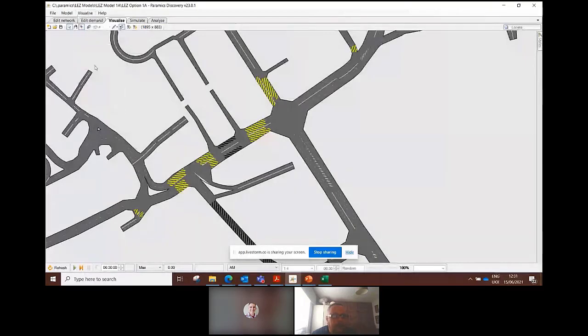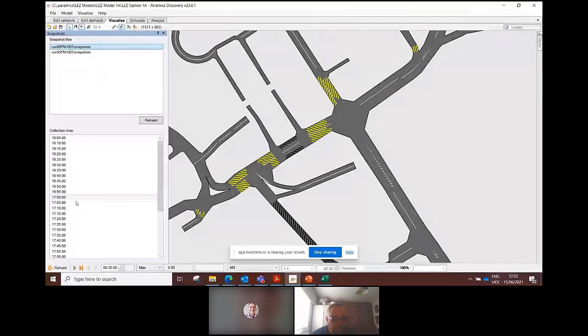I'll bring in a snapshot here. Just to remind everyone, you can run models from snapshots. I'm loading an existing snapshot at 5 o'clock in the afternoon.